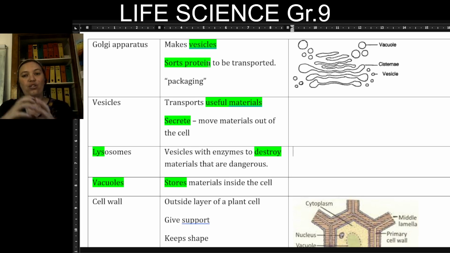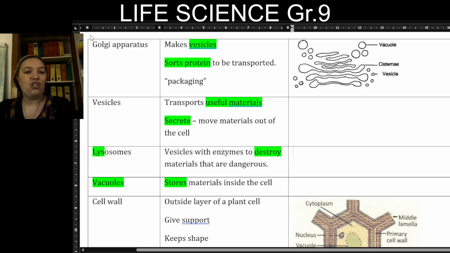And the vacuoles store things. So the Golgi apparatus basically decides, what is this? Does it need to be stored? Then it goes to the vacuole. Does it need to be destroyed? Then it becomes a lysosome. Does it need to be transported somewhere else? Then it becomes a vesicle.